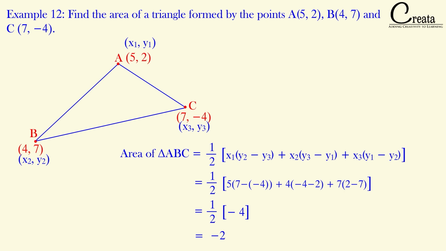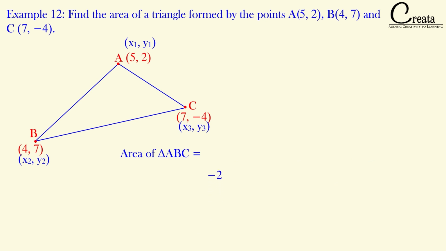Oh, one minute, our answer for the area of the triangle is coming out negative. But it is not possible for the area of the triangle to be negative, it should be positive. So we will take the numerical value of -2, that is 2. So we got the area of the triangle as 2 square units.